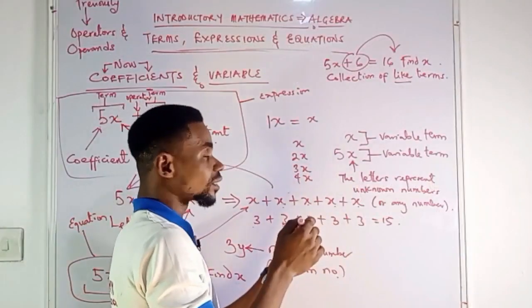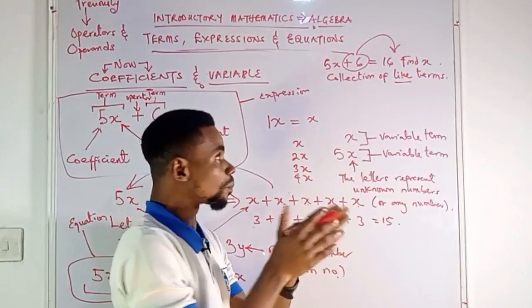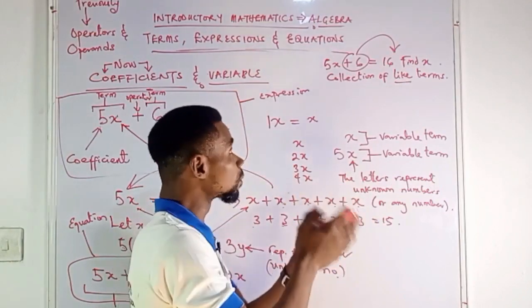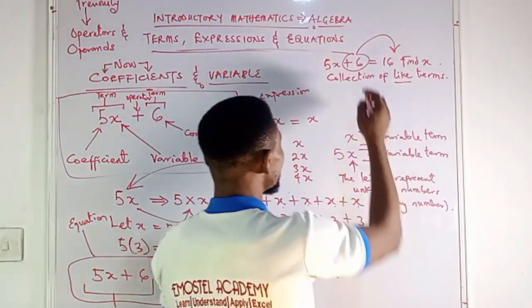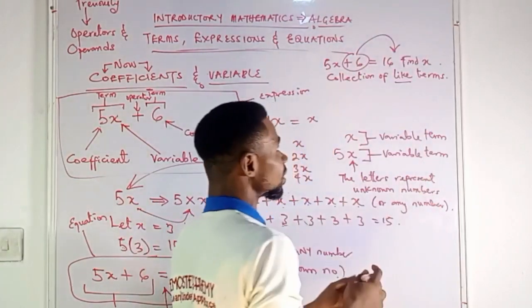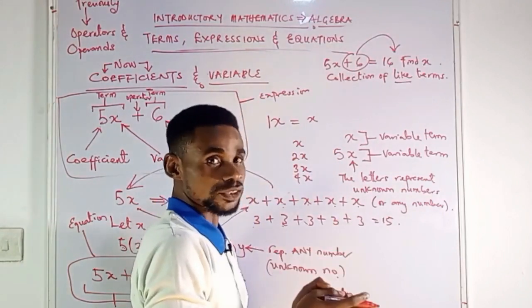I told you that the opposite of plus is minus, and the opposite of minus is plus. That is, the opposite of addition is subtraction, and the opposite of subtraction is addition. Currently, it carries the addition sign, so by the time you move it to the other side, it becomes subtraction.